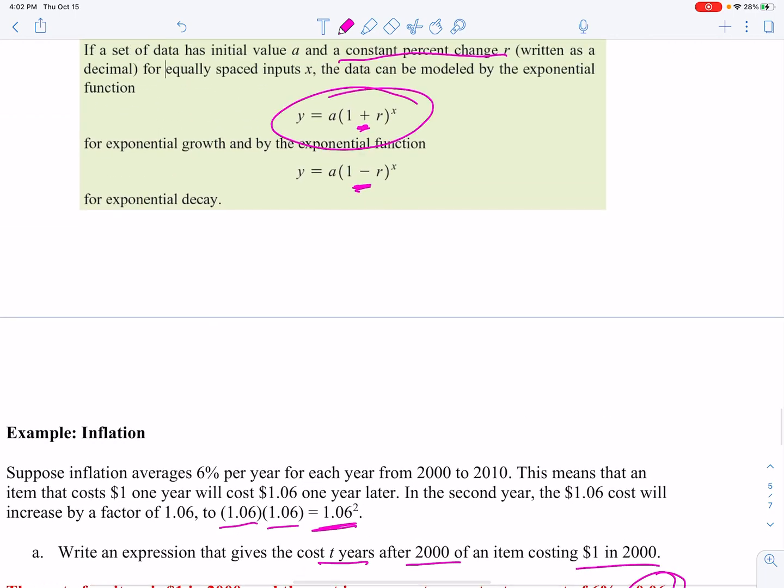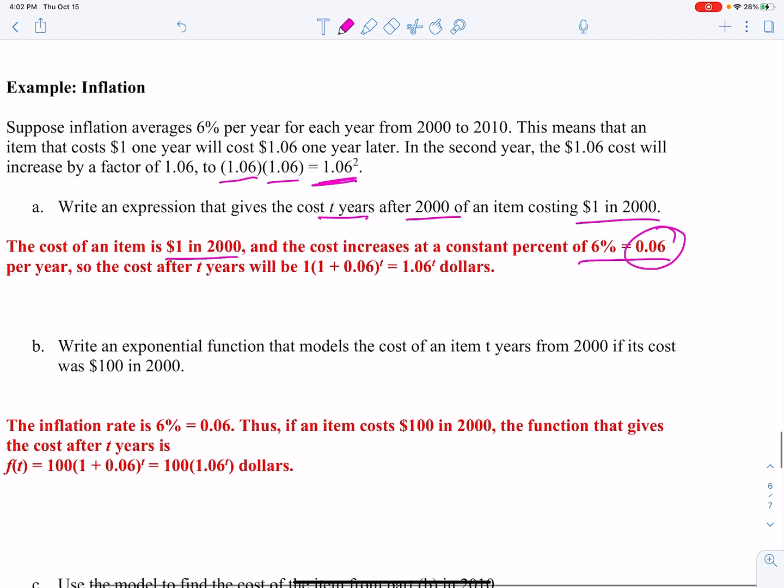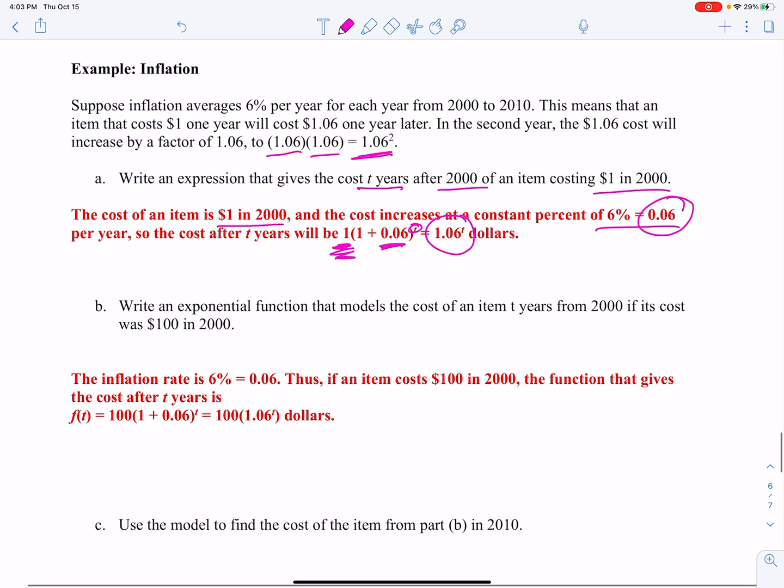The initial amount is 1, the rate is 0.06, in t years. Multiplying anything by 1 stays itself, so we can simplify this formula to 1.06 to the t power. You just plug in however many years for t and calculate.